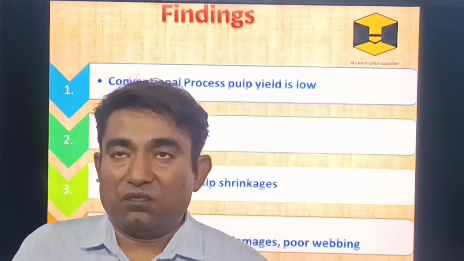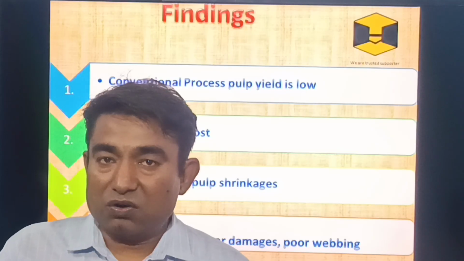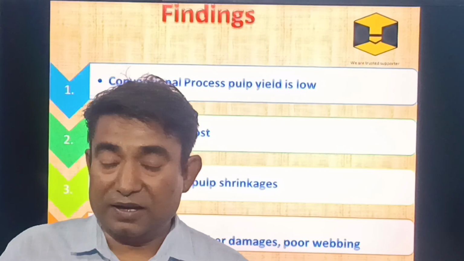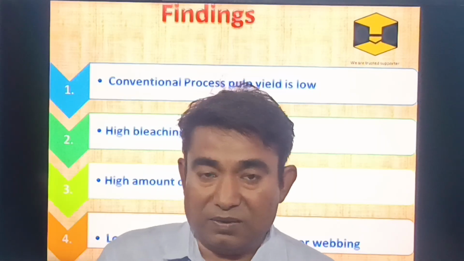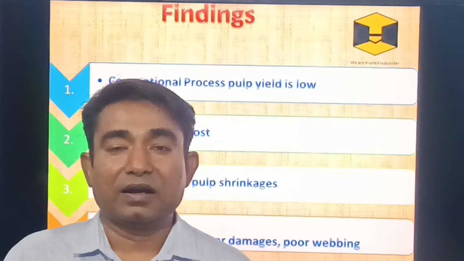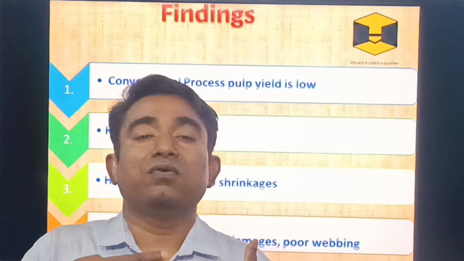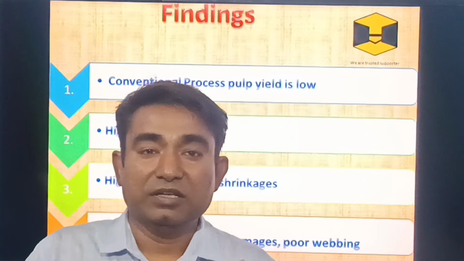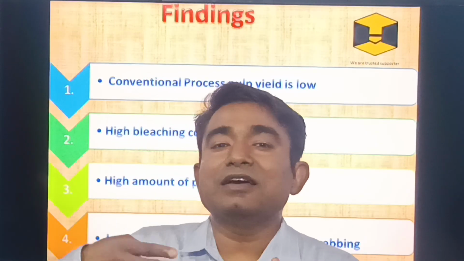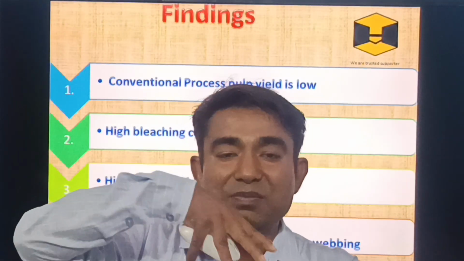So in pulping, we desire not only cellulose, we desire hemicellulose as well, because to have higher tensile strength and higher breaking length, we need a perfect webbing of cellulose and hemicellulose. Cellulose is a linear polymer, whereas hemicellulose is the cross-linked fiber.